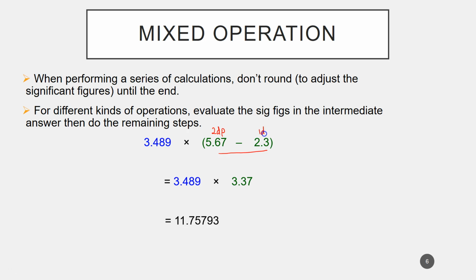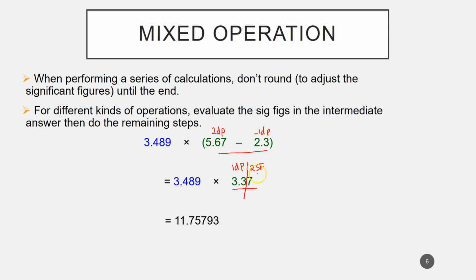This one has 1 decimal place. Then this number should have 1 decimal place because it's going to follow the lowest. So if I round this to 1 decimal place, I have to cut it right over here. And if I do this, that would leave me with 2 significant figures.